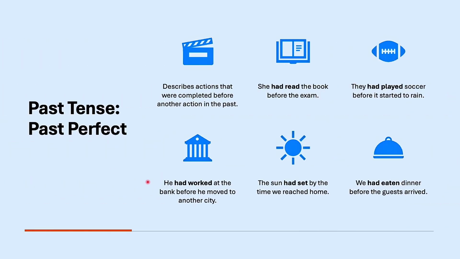He had worked at the bank before he moved to another city. The sun had set by the time we reached home. We had eaten dinner before the guests arrived.